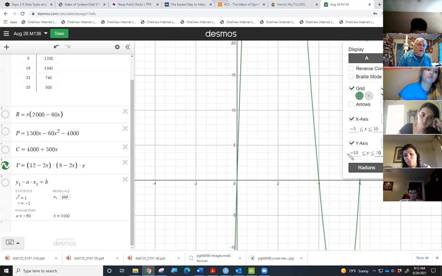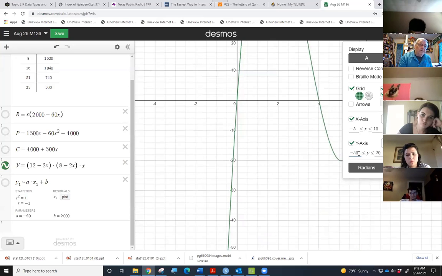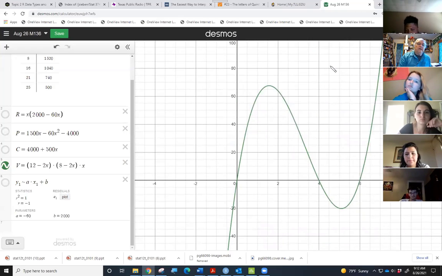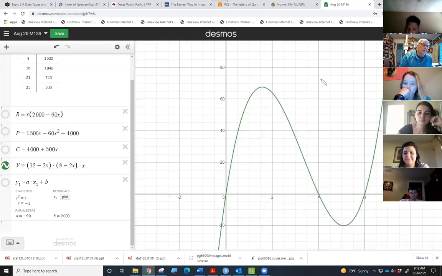That's not quite enough. So let's go -50 to 100. See, the nice thing about using technology is I didn't invest a whole lot of time in graphing that before I decided that my window wasn't really adequate. So just a flick and I can change that window.